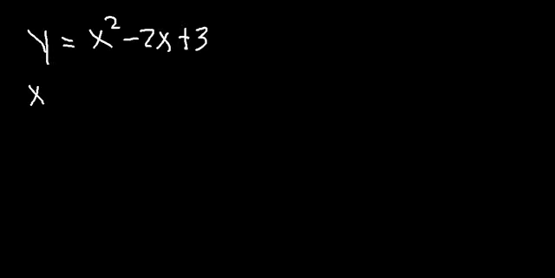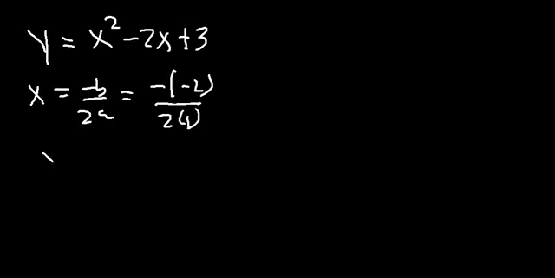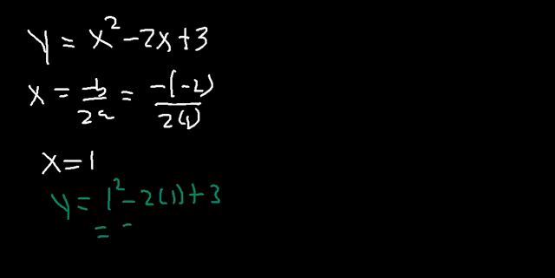Find the vertex as usual. It's negative b over 2a. So it's negative 2 over 2 times 1. So therefore x is 1. Now you want to find the y-coordinate at that point. So if you plug in 1 for x, you get 1 squared minus 2 times 1 plus 3. That's 4 minus 2, which is 2.